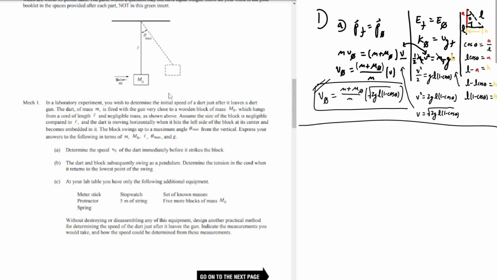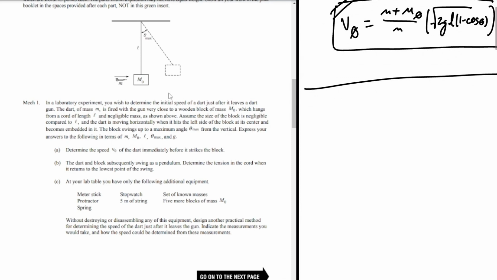Let's move on to question 1, part B. Here's part B. So let's see, the dart and block subsequently swing as a pendulum. Determine the tension in the cord when it returns to the lowest point of the string. Okay, so what we need to realize is that after it attains this maximum gravitational potential energy, that gravitational potential energy will turn right back into kinetic energy.